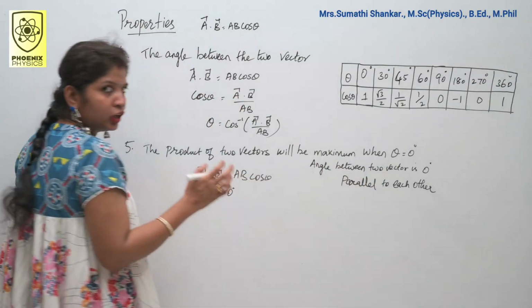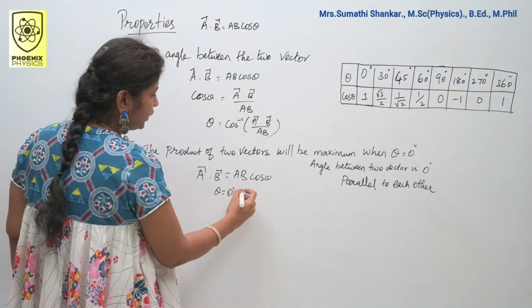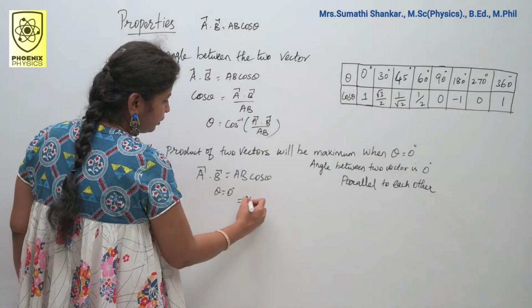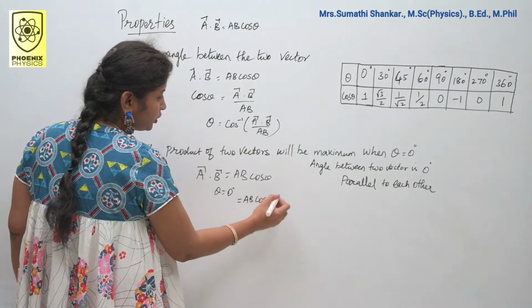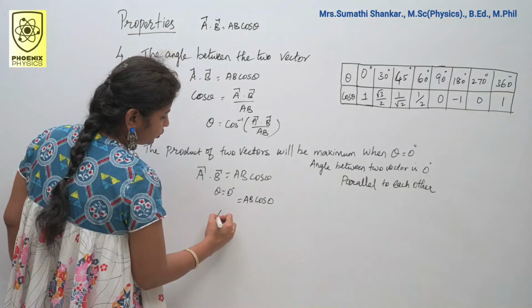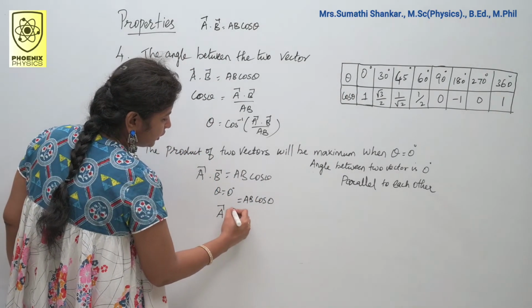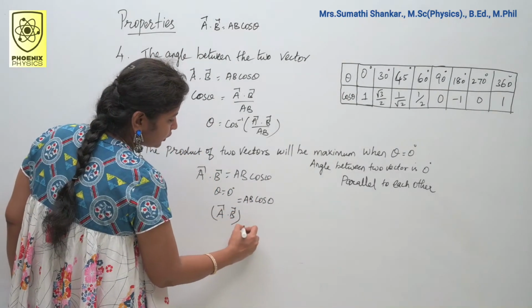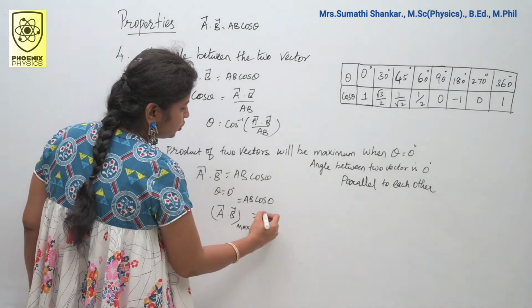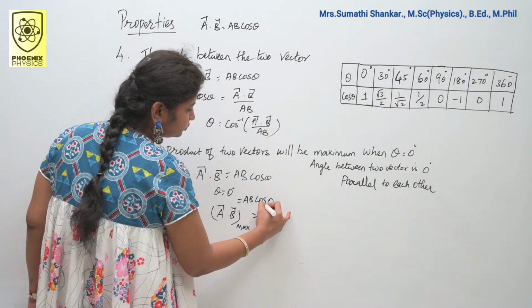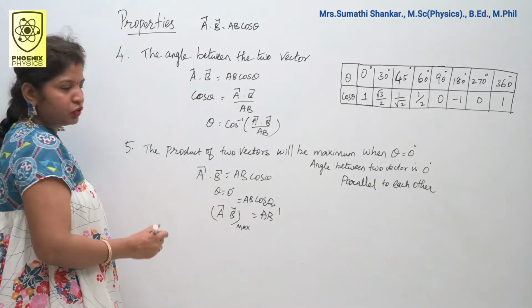Substitute AB cos 0. What is cos 0? 1. So A dot B is maximum when theta is equal to 0 degrees. Up to this clear?